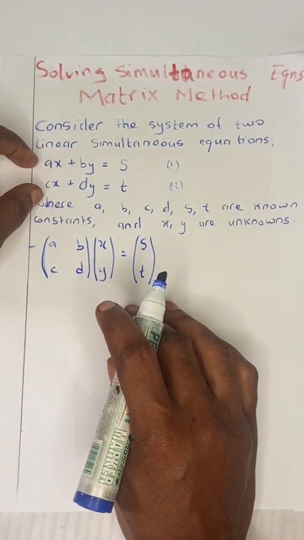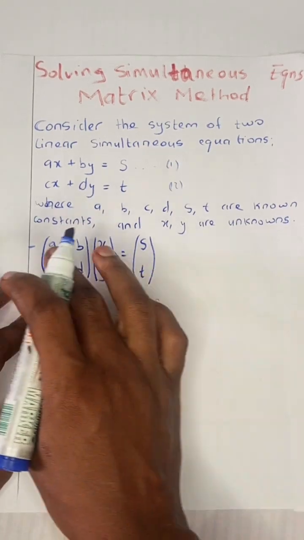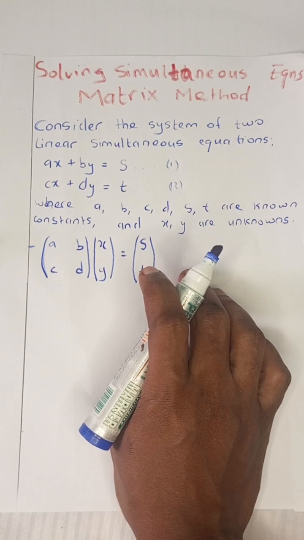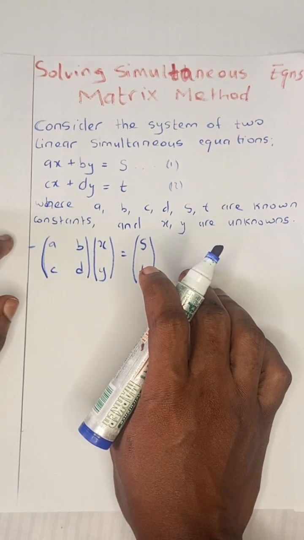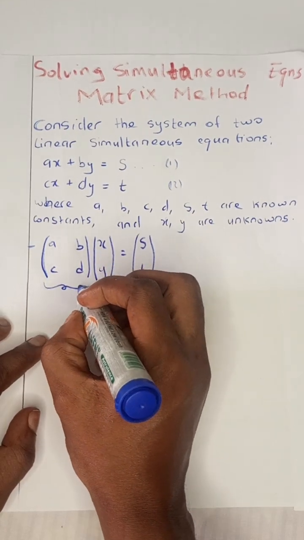So this is the system 1 and 2 written in matrix form. If you multiply this out, you're going to get exactly the system given in equations 1 and 2. And so we've written our system in matrix form.